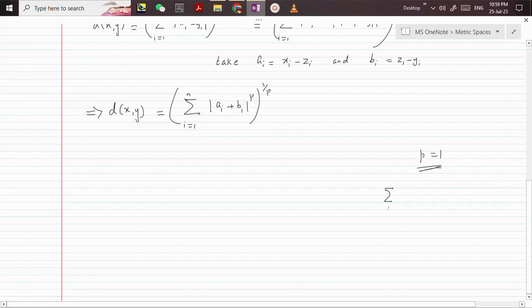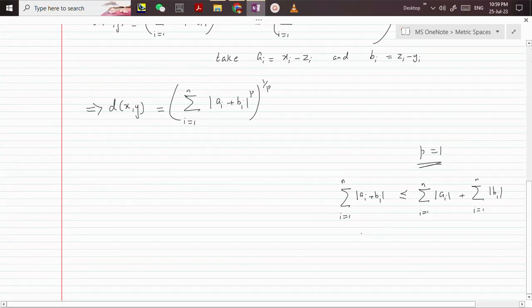What we have is the summation i from 1 to n of |ai plus bi|, and this is obviously less than or equal to summation i from 1 to n of |ai| plus summation i from 1 to n of |bi|.